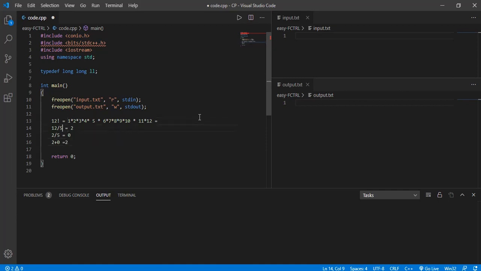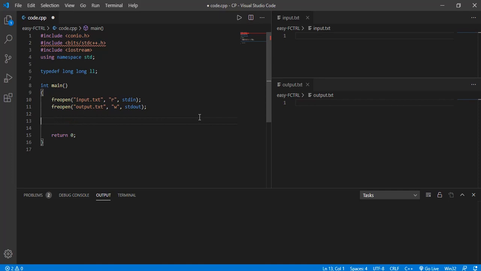Another intuition can be that you can find the powers of 5: 12 divided by 5, and then 12 divided by 5 squared, which is 25. From here you'll get 5 raised to 1, from here you'll get 5 raised to 2, the number of times 25 has appeared. So that is how it goes. Programmatically it will be easier for us to continuously divide by 5, so that is how we're going to do it.